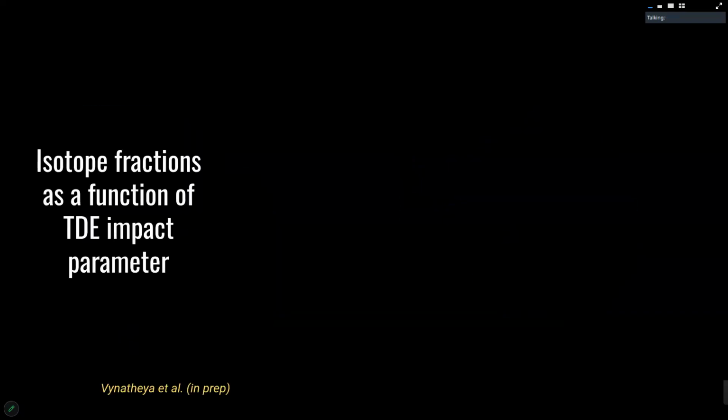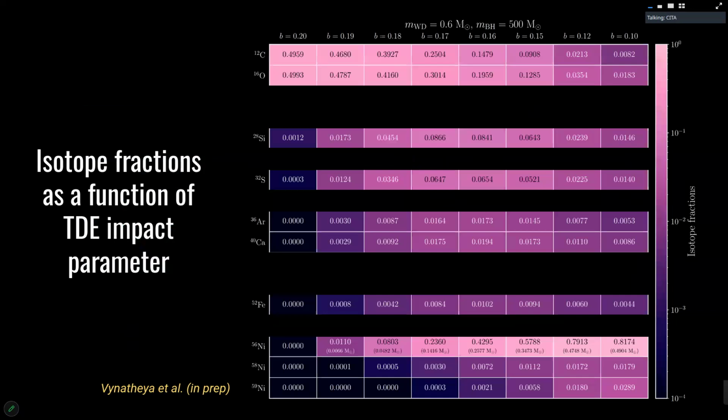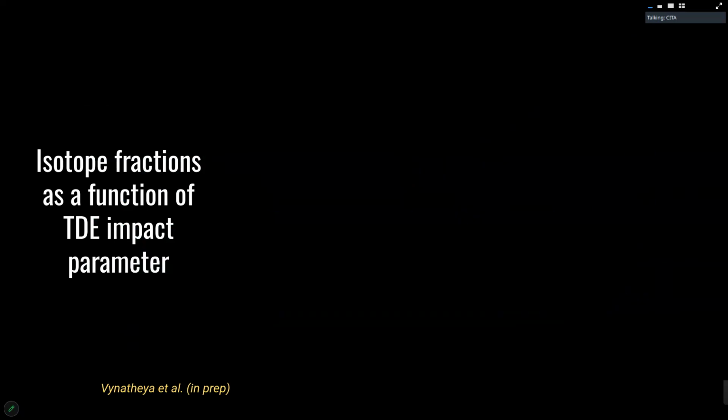So this is just for the changes in isotope fractions as a function of the impact parameter. Here, the scaled impact parameter is defined as the periapsis distance divided by the tidal radius, so it's a ratio of the tidal radius.